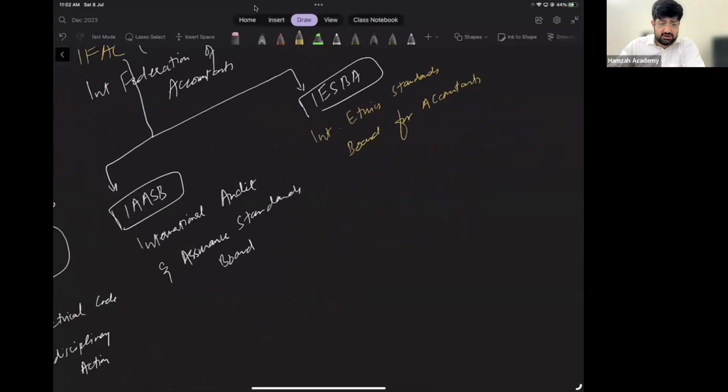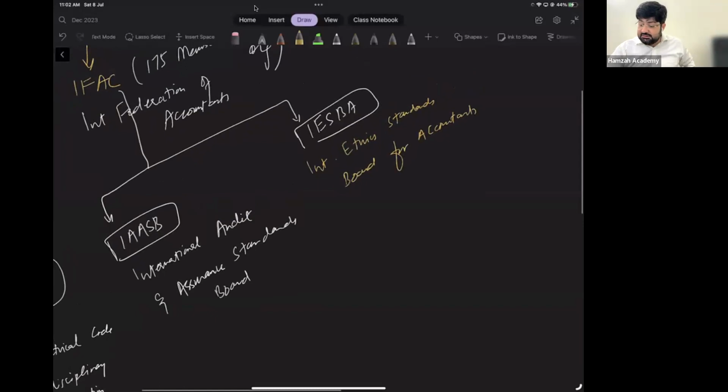Okay, let me explain these 2, then 2 remaining. IAASB, basically these are standard setting bodies. These are standard setting boards of IFAC. These 4, which I'm going to talk about.